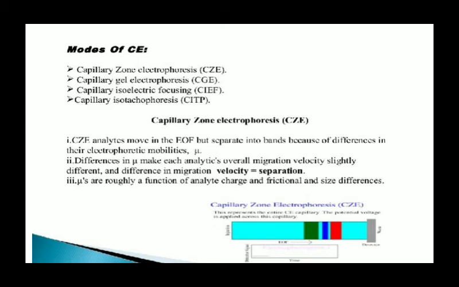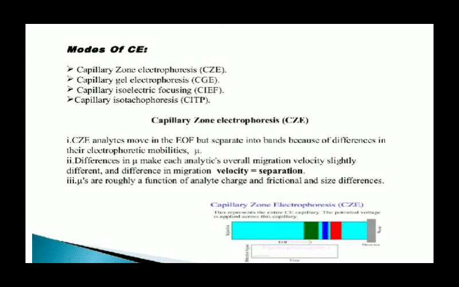Electrophoretic mobility is directly proportional to the charge on the molecule, because in electrophoresis we are separating molecules on the basis of their charge, and inversely proportional to the viscosity of the solvent and the radius of the atom.